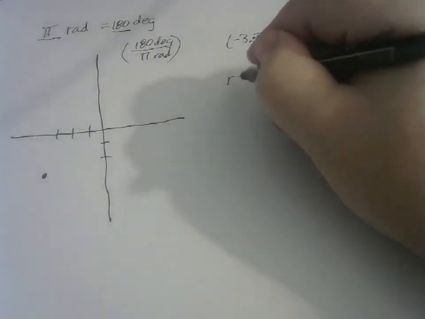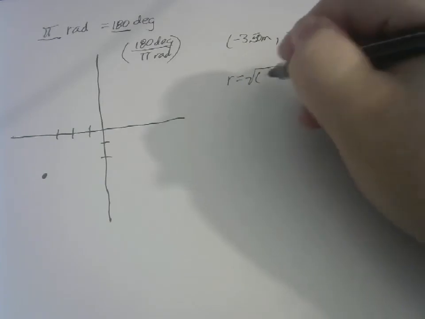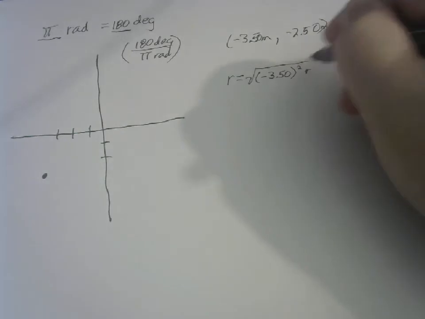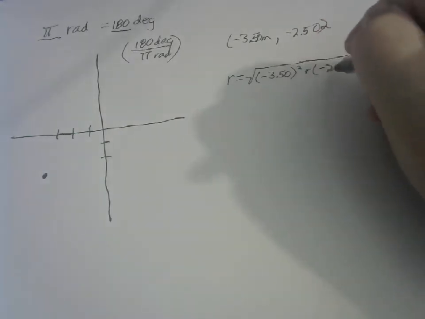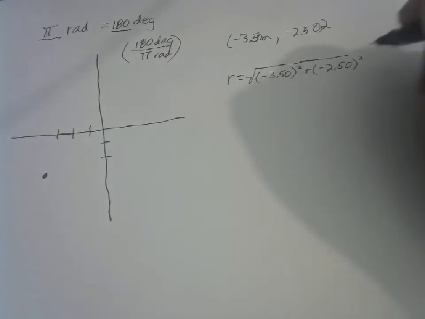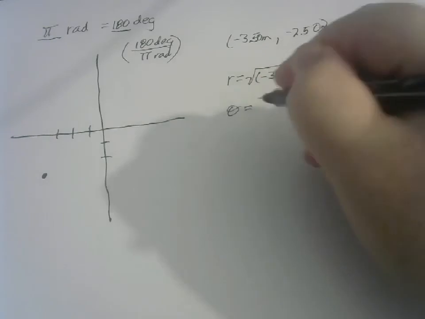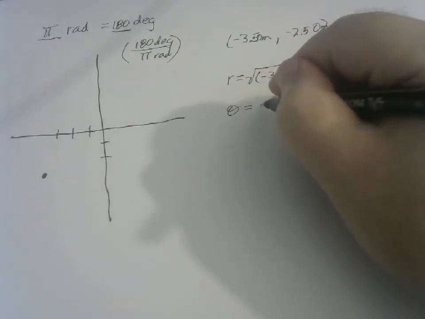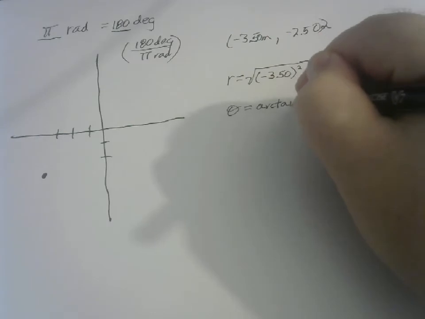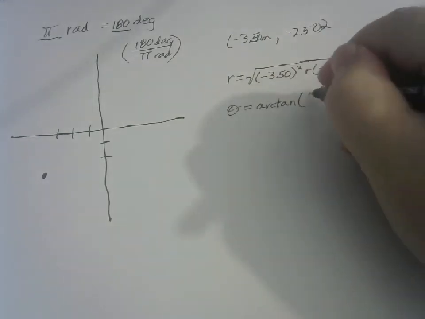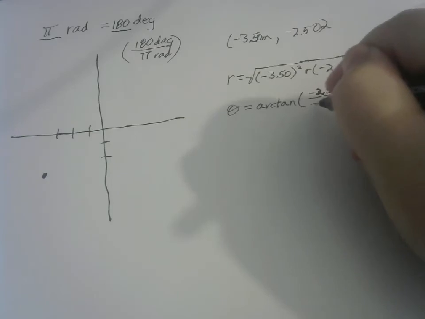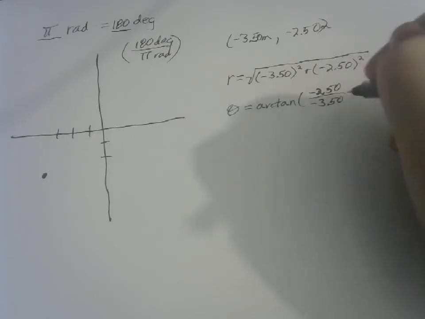To get it, we'll go r equals the square root of negative 3.50 squared plus negative 2.50 squared. And theta is going to be arctangent of negative 2.50, it's y divided by x, divided by negative 3.50.